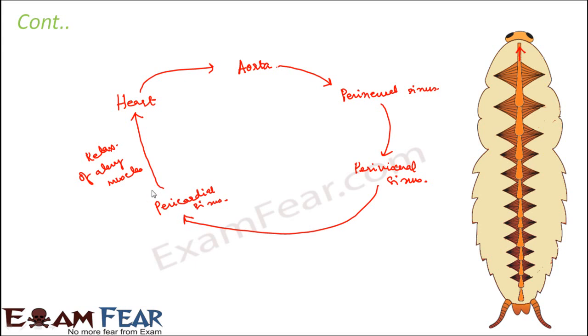Now what happens is, due to the contraction of the alary muscles, the pericardial septum is pulled down. This is how it happens. Let us suppose this is the cockroach.